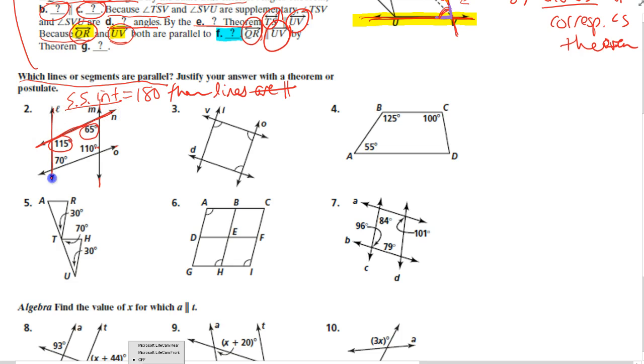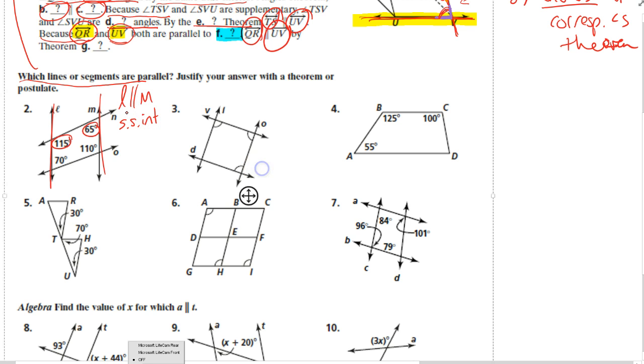I got that one, I got this one, so now I've got this corner, and this one gives me this angle right here. So this must be the transversal, and these must be the candidates for parallelness. Is that a word? So 115 plus 65 does equal 180, so my lines are parallel. So now the question is, which lines are parallel?